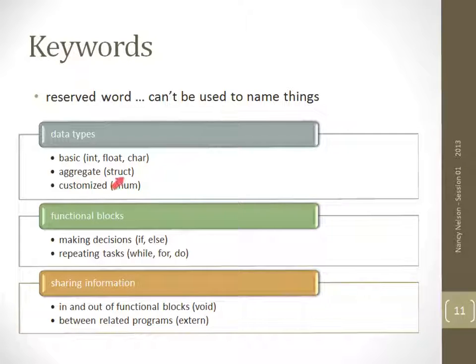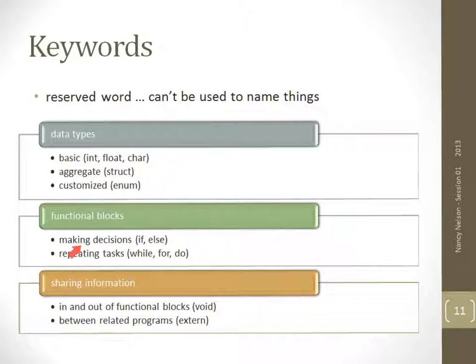And so we have a keyword struct. So we can't use that for a variable name. And then we have customizable data values, and they're defined using the keyword enum that stands for enumerate. So we can't use int, float, char, struct, or enum as a variable name or a constant name.